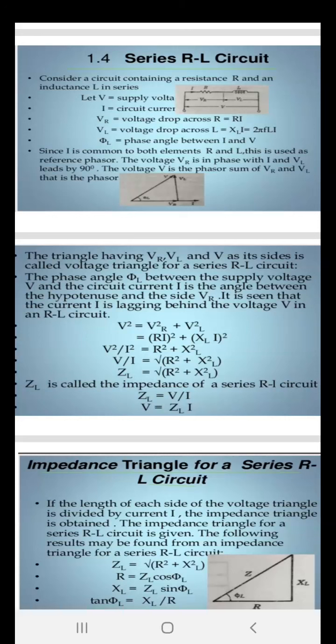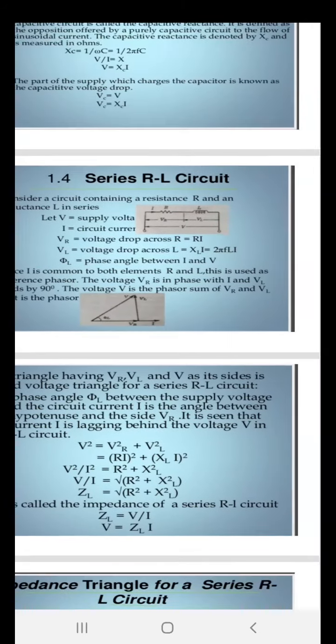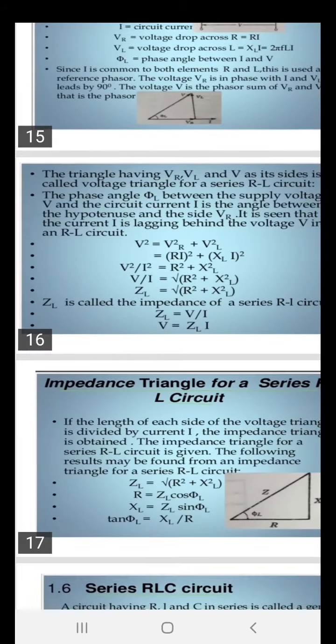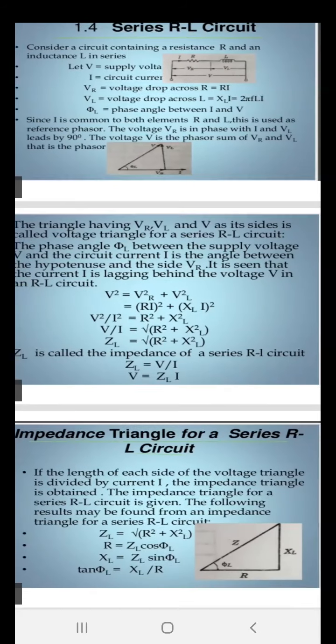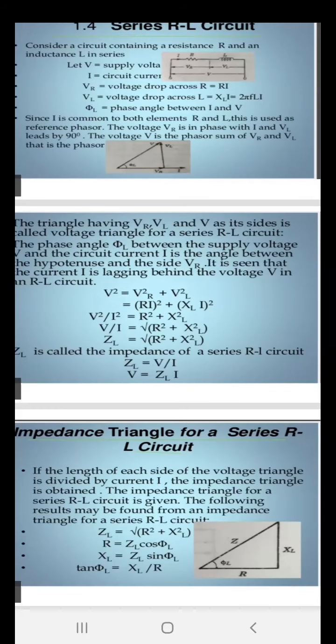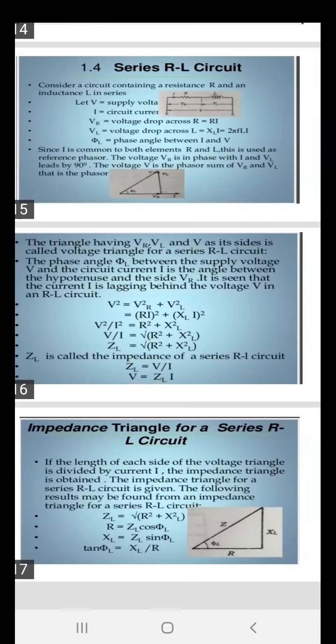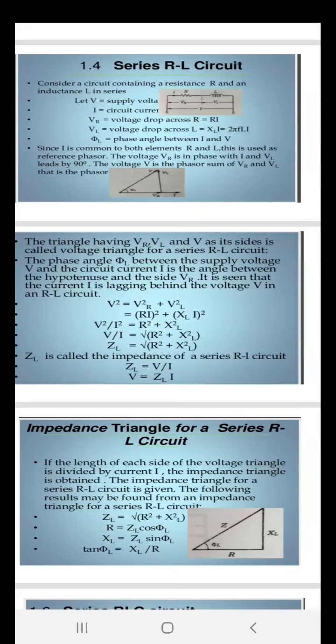The phase angle φ is the angle between the supply voltage V and the circuit current I, the angle at the hypotenuse side and V_R. We see the current I lagging behind the voltage V in an RL circuit.